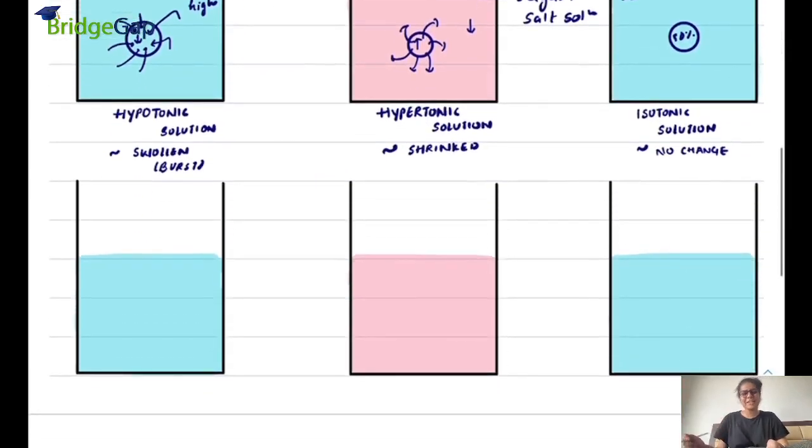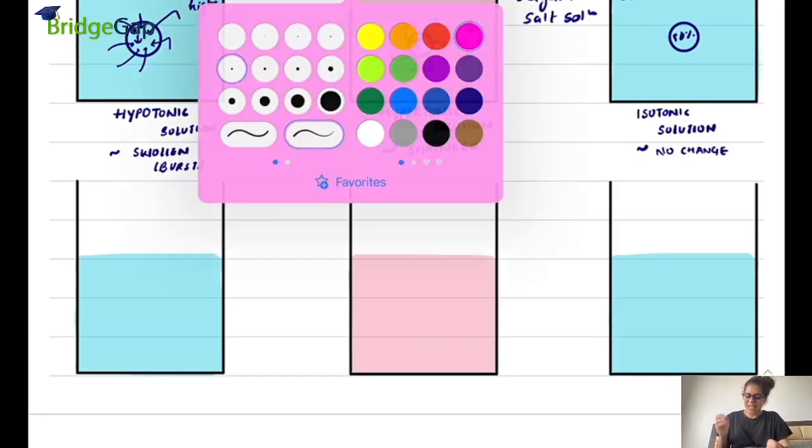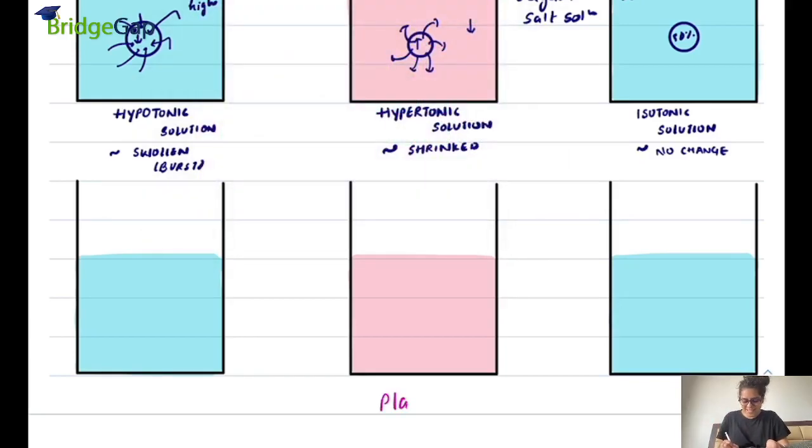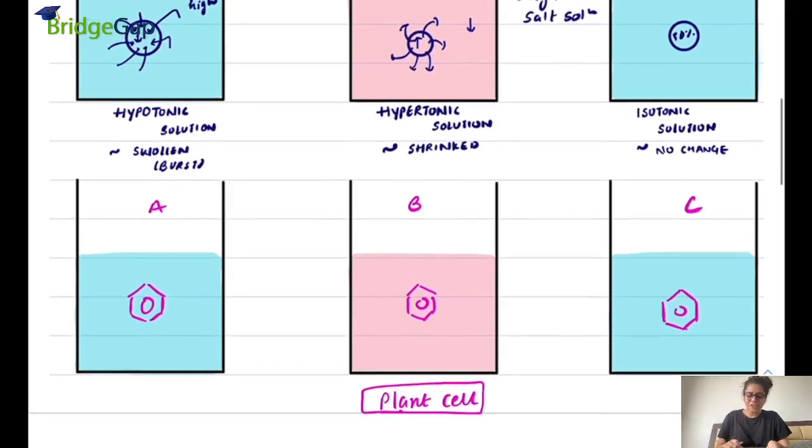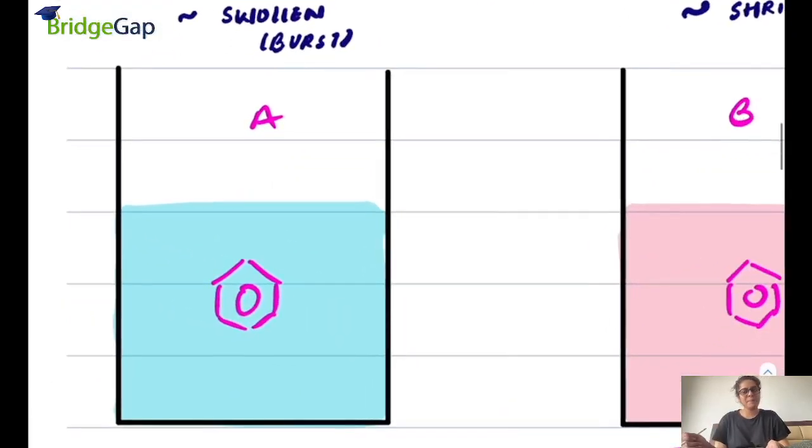Because if you understood this, the same criteria I am putting in the second condition, but with a small difference. In the first situation, I used an animal cell. In the second situation, I am going for a plant cell. I added one plant cell in this, one in this, and one in this, three chambers, A, B, and C. In the first condition, now you tell me what will happen.